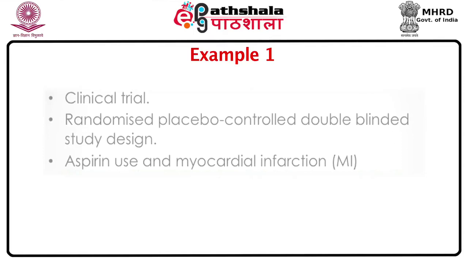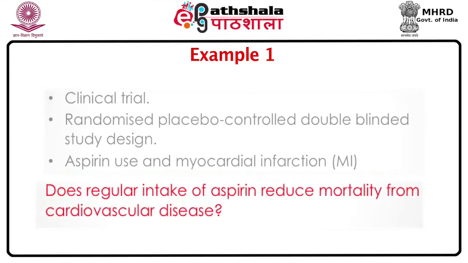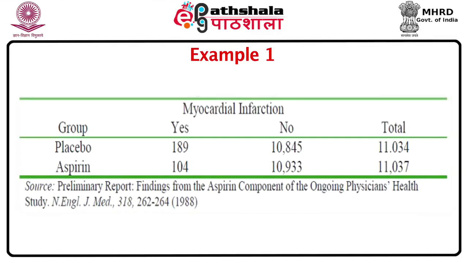So my question of interest is, of course, does regular intake of aspirin reduce mortality from cardiovascular disease? So here is the data. This is data which you might be familiar with from your undergraduate classes. It is the usual 2x2 table where along the rows we have looked at whether or not someone has been given placebo or aspirin, and along the columns we have looked at whether or not they suffer from myocardial infarction.